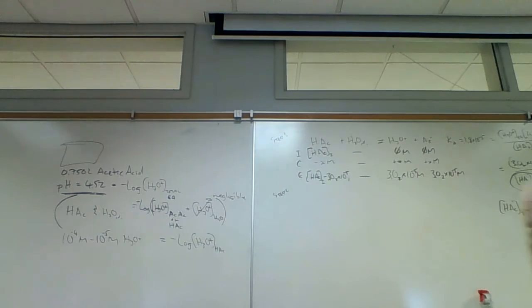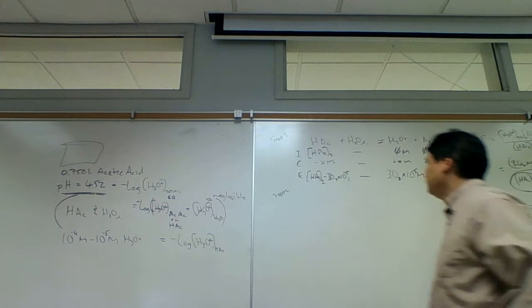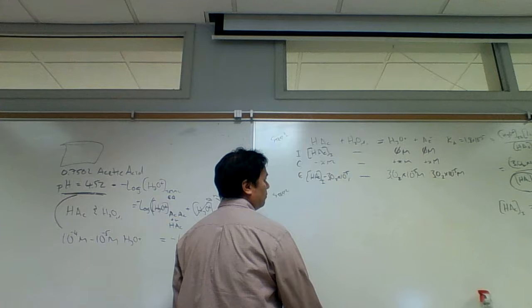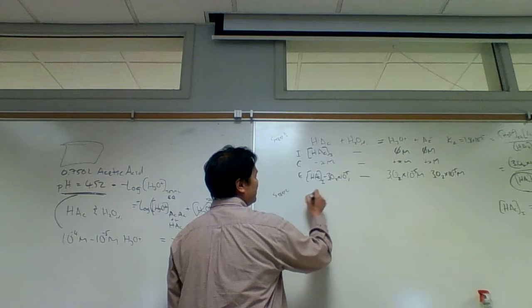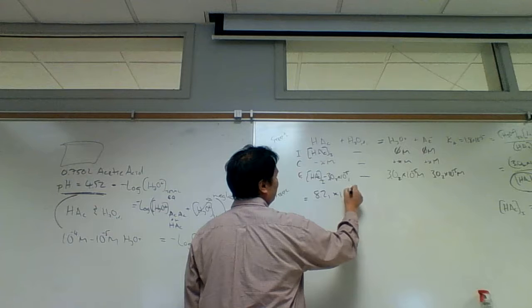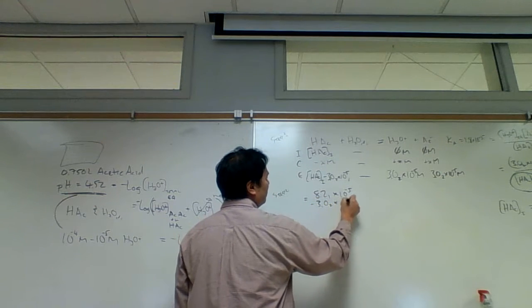Can somebody solve for the HAC? All right, so this is equal to 8.21 times 10 to the negative 5 minus 3.02 times 10 to the negative 5.